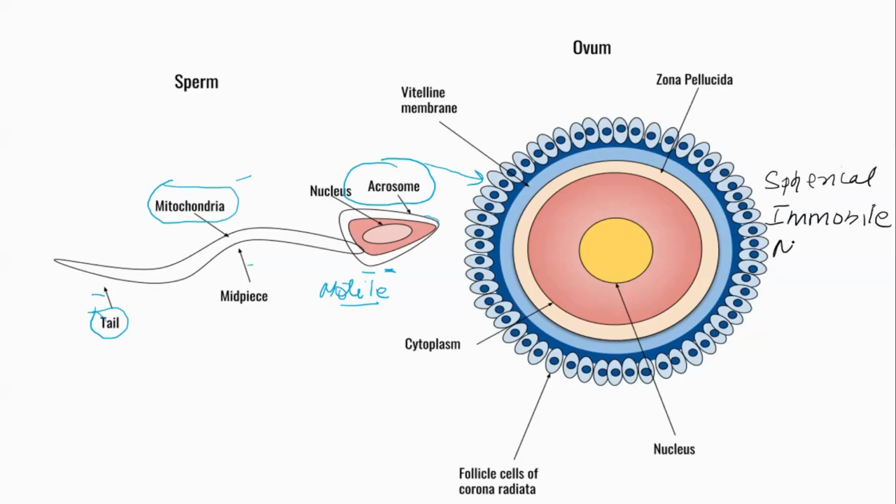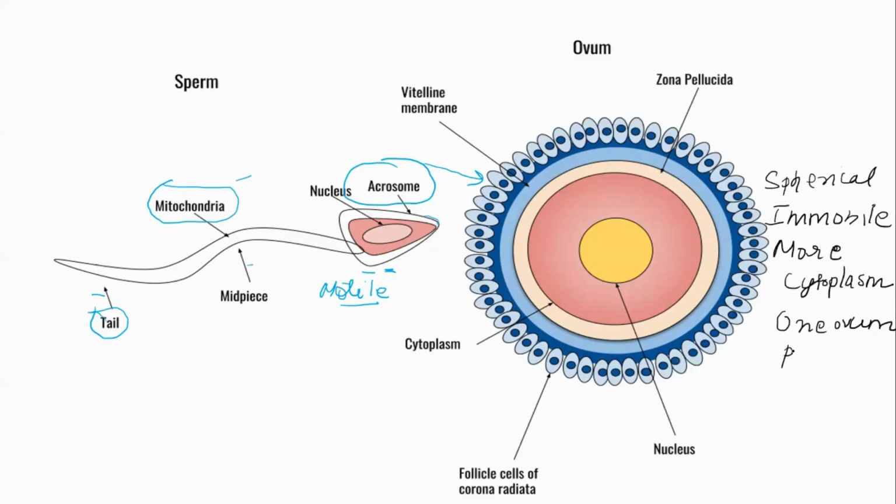And it has more cytoplasm and reserve substances. Okay, and while millions of sperms are released at a time, just one ovum, don't consider the twin thing, is released at a time from one of the ovaries.